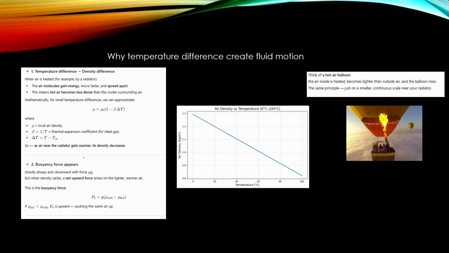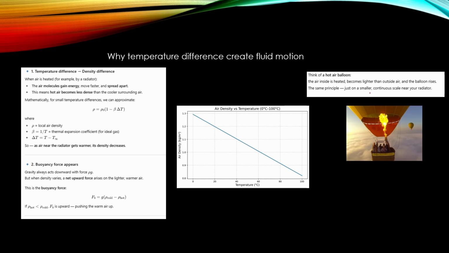When we have temperature differences, we have these density differences, and it means that we have the so-called buoyancy force. Buoyancy force is an upward force, and it's proportional to these density differences. Here is an example.